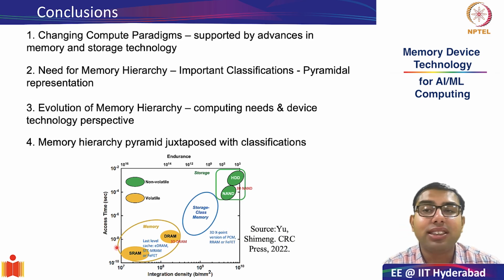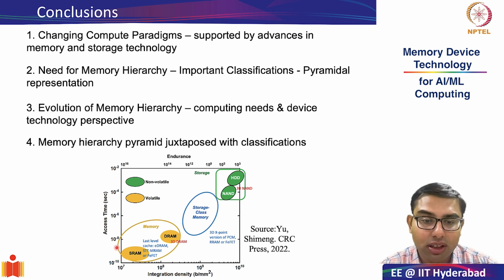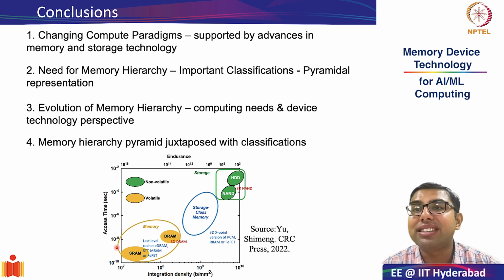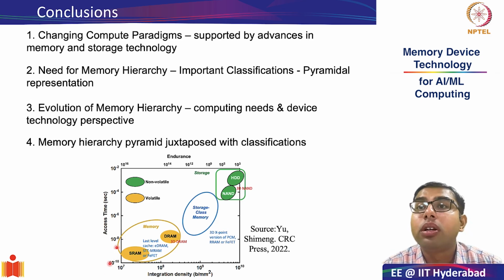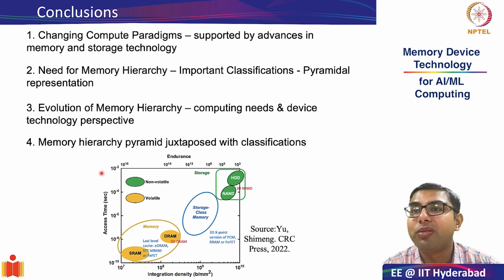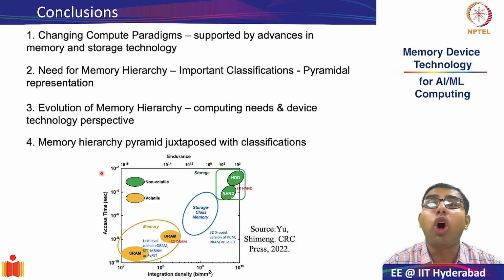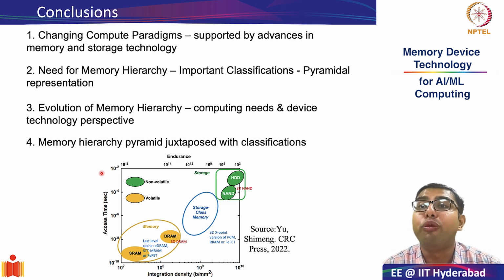What is the y-axis? The y-axis is essentially access times. And the range of access times is even larger. It is from hundreds of picoseconds to few milliseconds, right? Several orders of magnitude, almost 8 orders of magnitude difference.